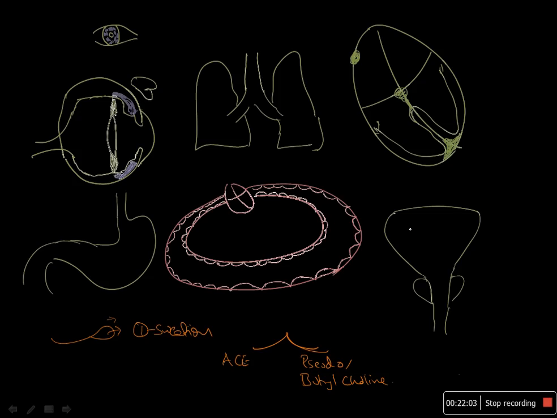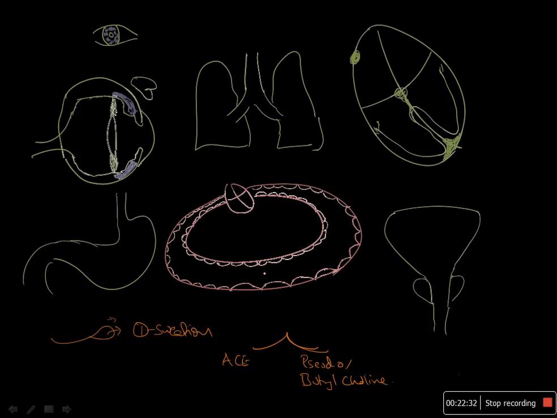Also, one more important thing: since they are dilating the blood vessels, during erection of the male and female, generally in the male the penis is erected when the parasympathetic nervous system is dominating, and that is because nitric oxide is released, and nitric oxide mediated vasodilation is there in the penis.